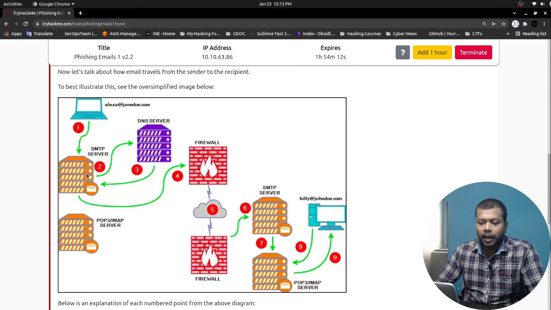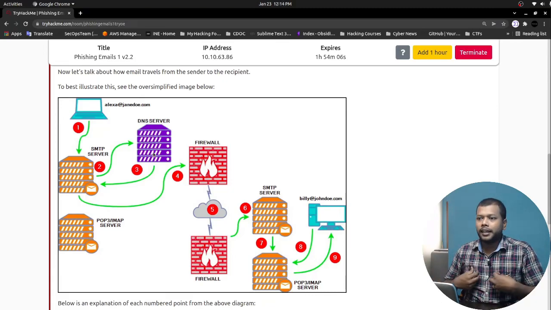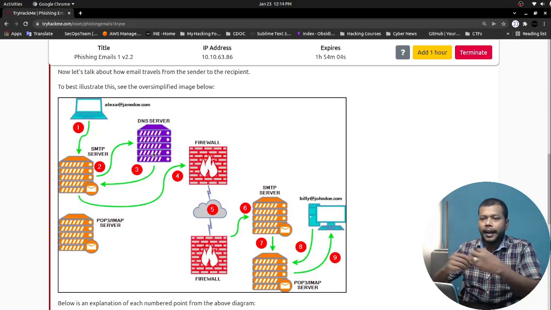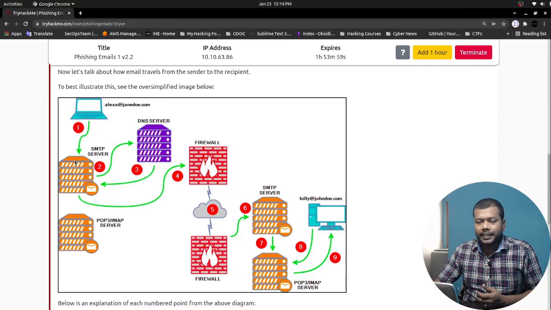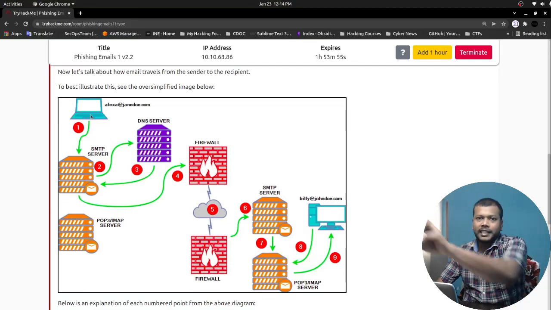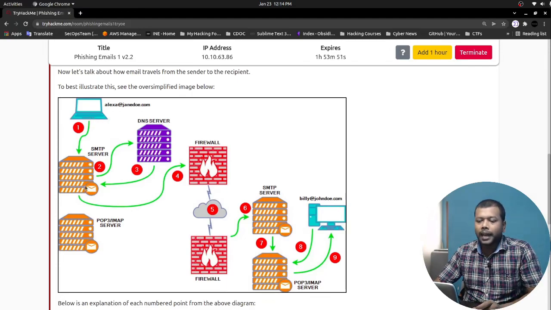From that server, it actually queries a DNS server. For example, if I wish to send the email to Google, I'm using a random email address like random@google.com. When I click the send button, the email will reach my next SMTP server, which my ISP is managing, and from there the SMTP server will probe the domain name. It will probe for the IP address.